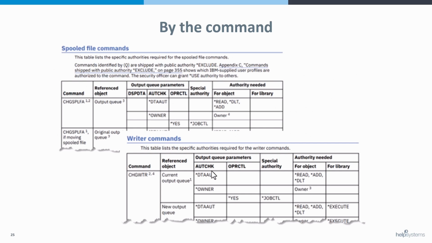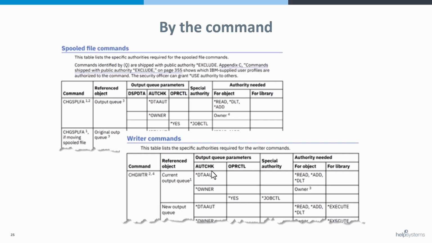There's detail in the security reference guide about which authorities are needed to either the output queue itself or special authorities, and the authority to the spooled files.